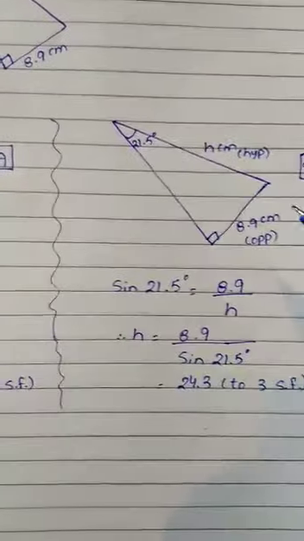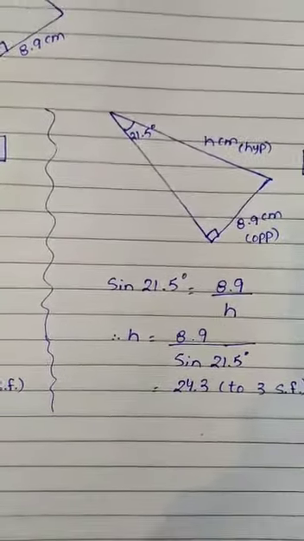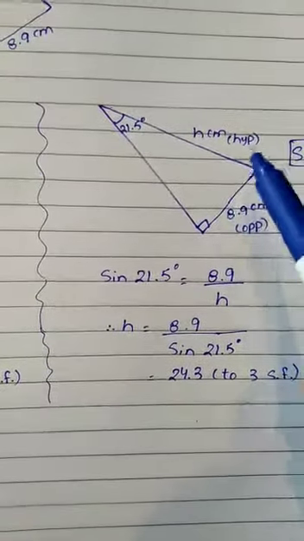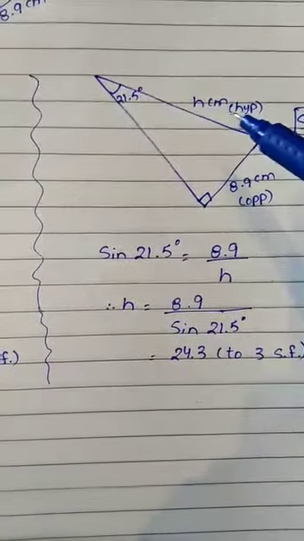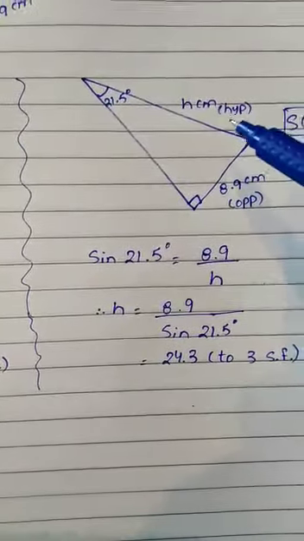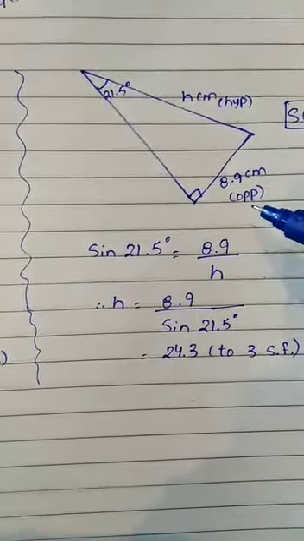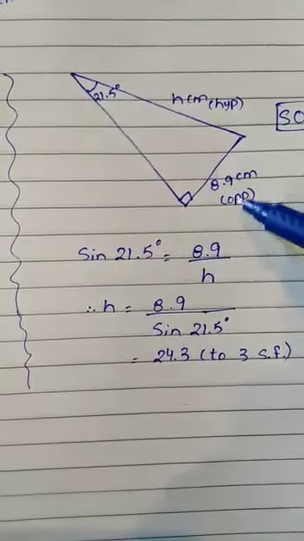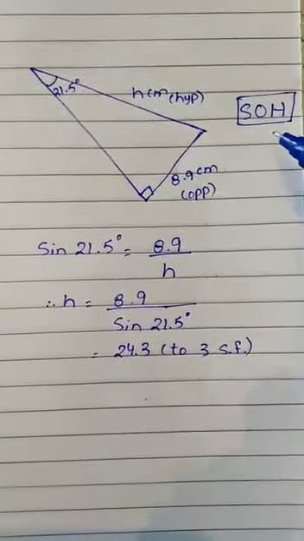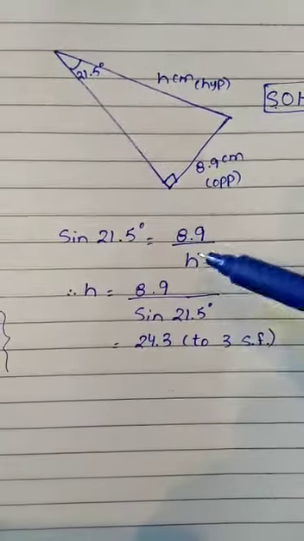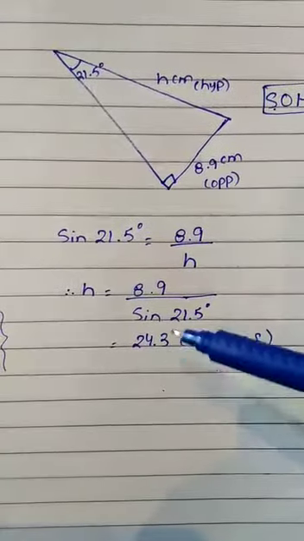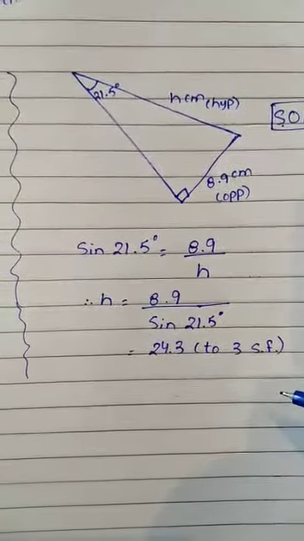Similarly, you will find the value of H. If you are finding the value of H, you will omit the G side and only consider the 8 centimeter side. So we have the hypotenuse and we have the opposite side. If you have opposite and hypotenuse, you will apply sine, opposite over hypotenuse, and then we will get H is equal to 24.3 to 3 significant figures.